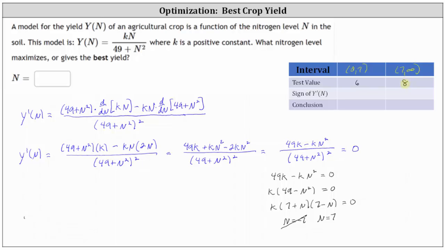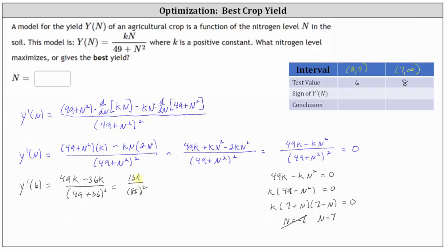And the next step is to determine the sign of Y prime of n when n is 6 and n is 8. Y prime of 6 is equal to 49k minus k times n squared, where 6 squared is 36, giving us minus 36k, divided by the quantity, the square of 49 plus n squared, which gives us the square of 49 plus 36, which is 13k divided by the square of 85.